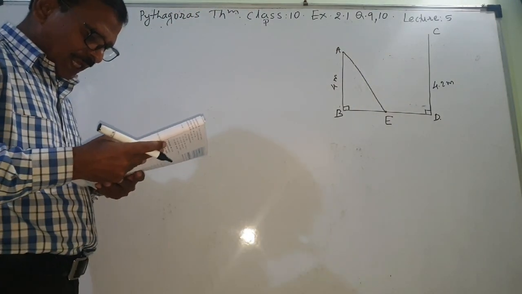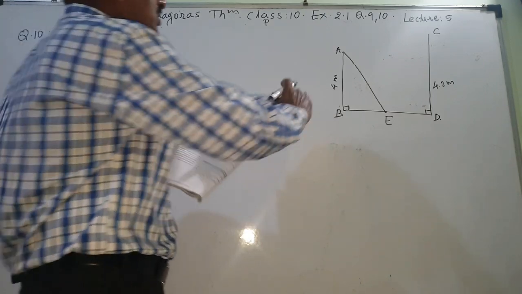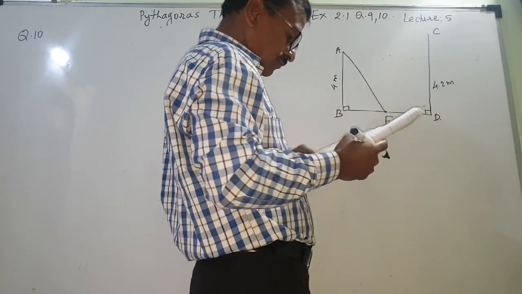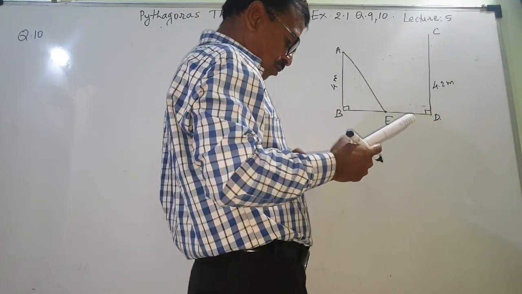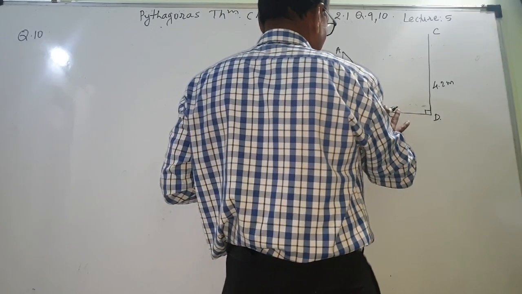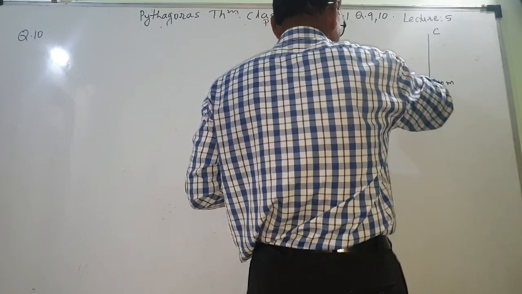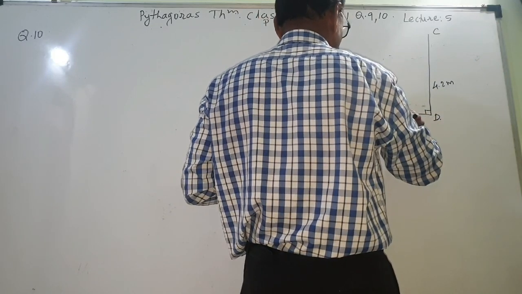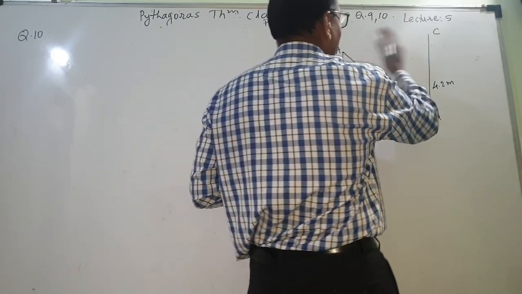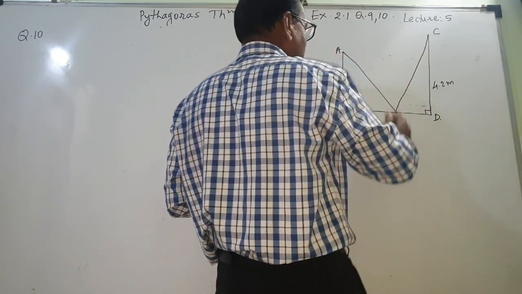Okay. On turning the ladder over the other side of the street, means this ladder is turned like this, its top touches the window of the other building at a height of 4.2 meters. So this is close to it. This is the point E. And if I turn this, it will reach over here. This is the ladder.